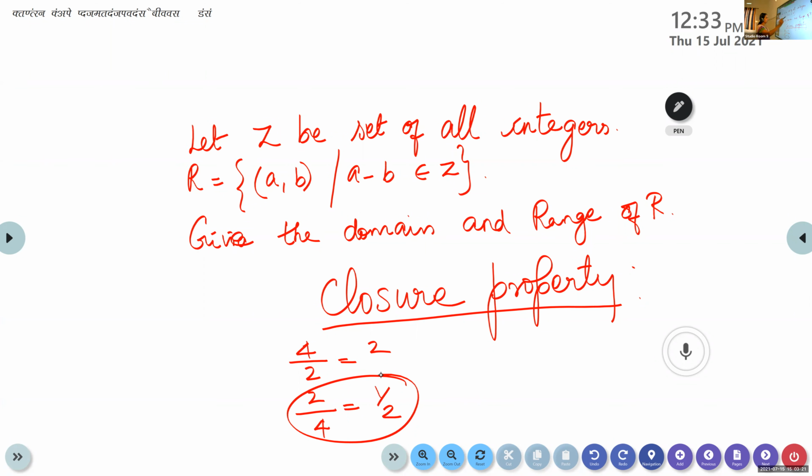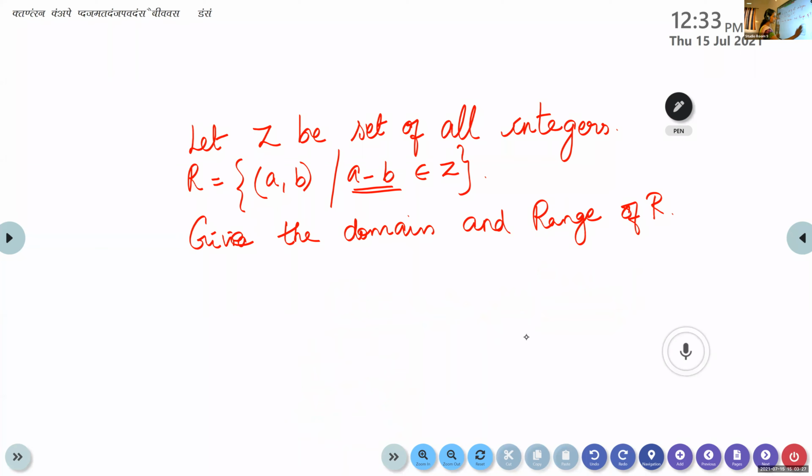Here, we are considering subtraction. We take two integers and subtract them, and we know the result is also an integer. So, Niranjan, as you mentioned, domain, codomain and range will all be Z. Why?